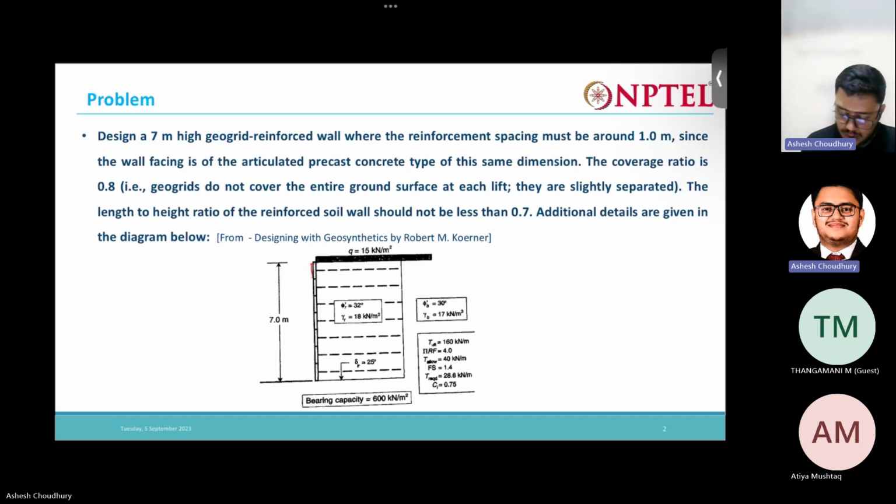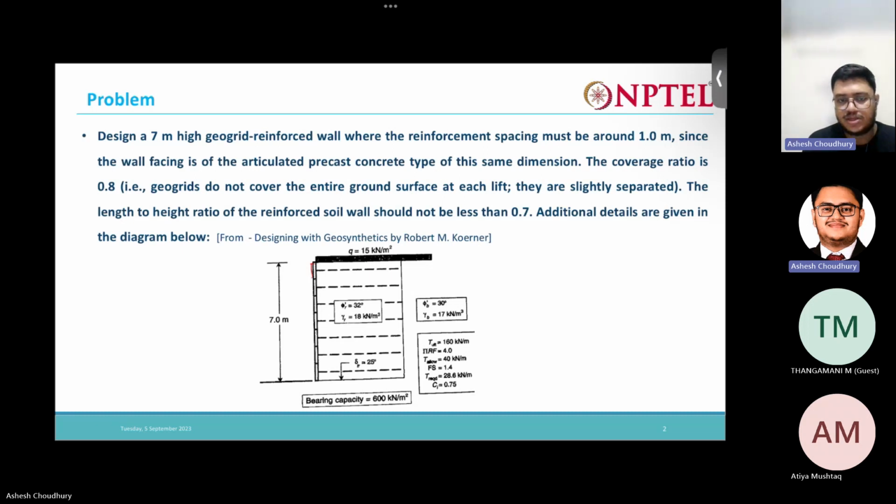The soil properties of the reinforced soil are given: phi r dash is 32 degrees, and gamma r, the unit weight of the reinforced soil, is 18 kilonewton per meter cube.